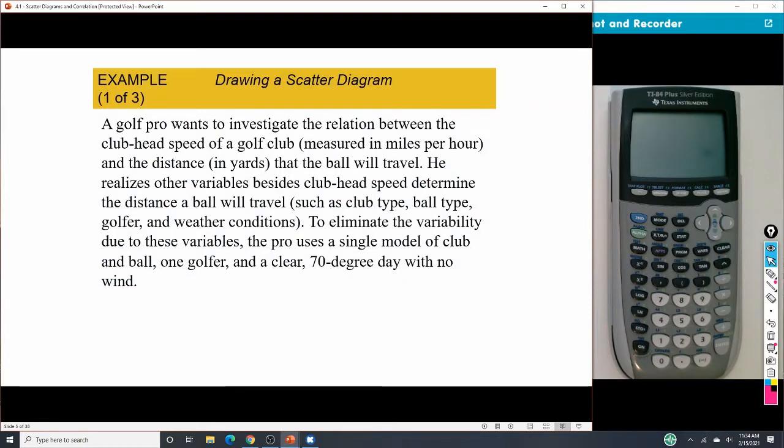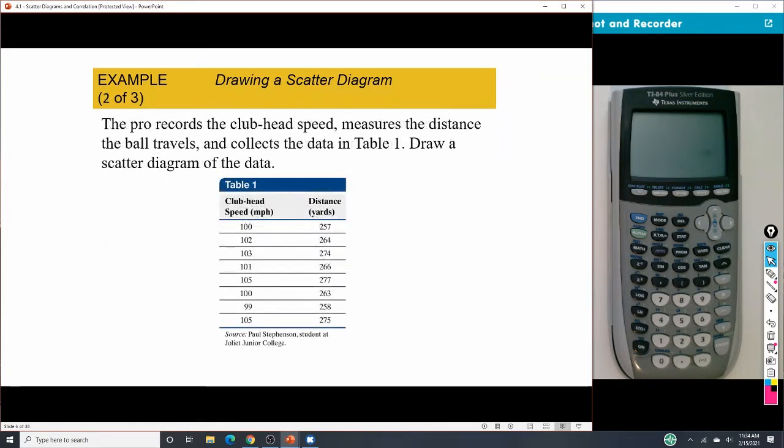Okay. So our first example here, we have a golf pro. We want to look at the club head speed of a golf club compared to the distance the ball will travel on that club head speed. They did some data and they came up with these. So at 100 miles per hour club head speed, the distance was 257 yards, and so forth, all the way down on those.